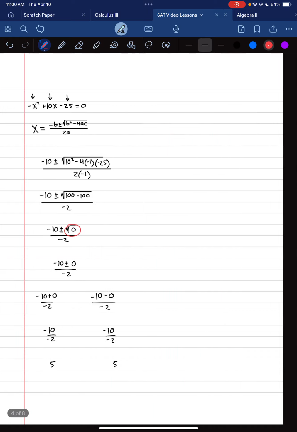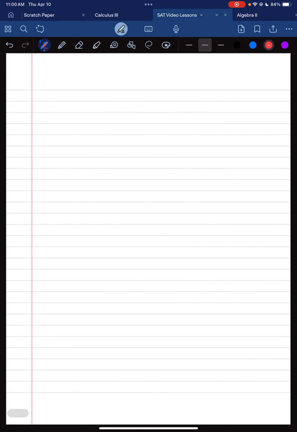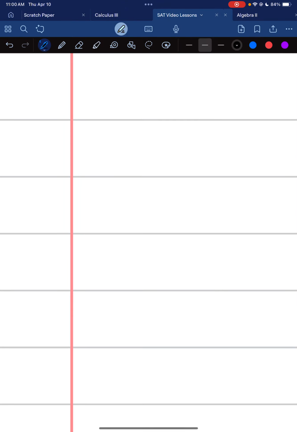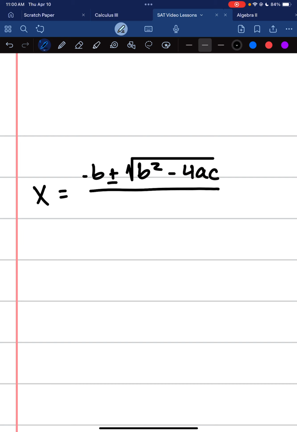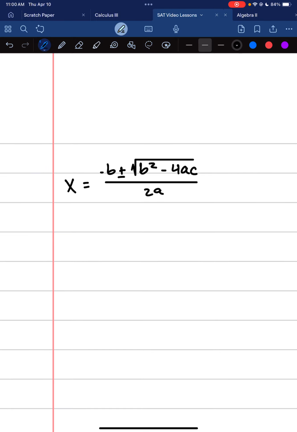So let's talk now about the discriminant. So I pointed out before that the number of solutions that we get really depends on what the number in the radical is, right? So if we write our quadratic formula one more time, I'm going to simplify this a little bit. I'm going to come up with a simplified example just to reiterate the point.